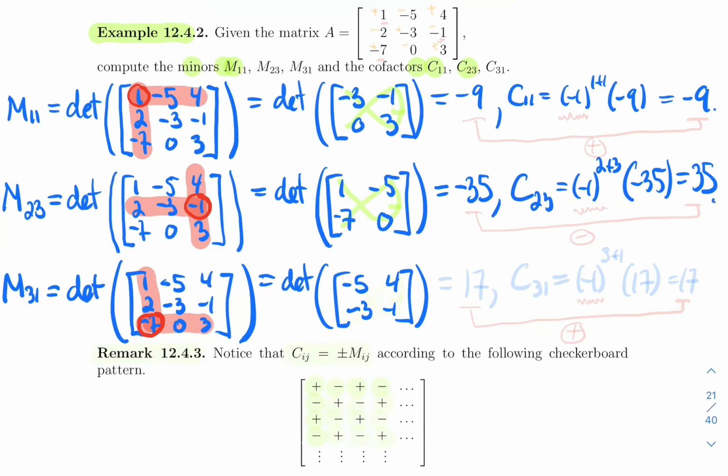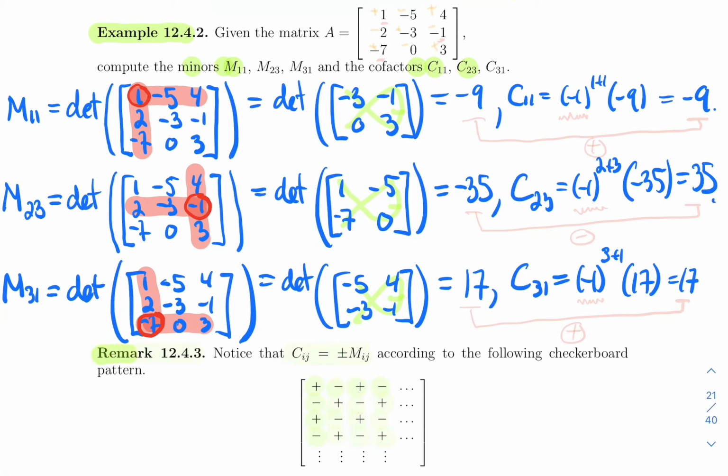If you use your fishy product, you're going to get plus 5, plus 12. You're going to get 17. Then if you're computing the cofactor at 3, 1, you have minus 1 to the power 3 plus 1, which is 4, times 17. So you're going to get 17 again.